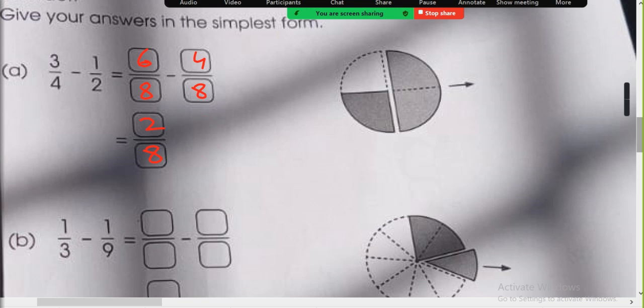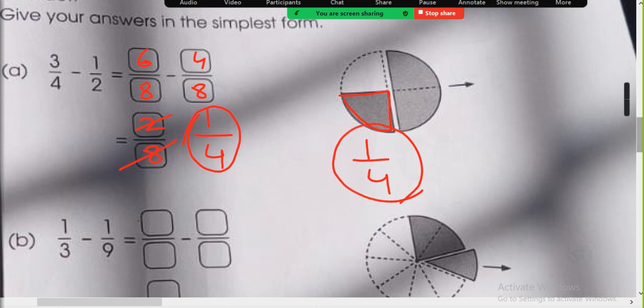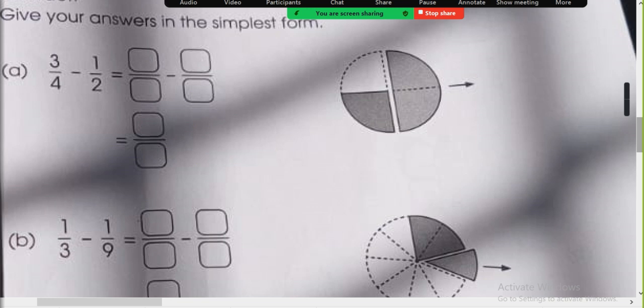We will reduce the fractions. 2 1 times is 2 and 2 4 times is 8. So it is the same thing that I told you, that we are left with just 1 quarter. 1 by 4, we are just left with 1 quarter. Okay, this is called reducing fractions.